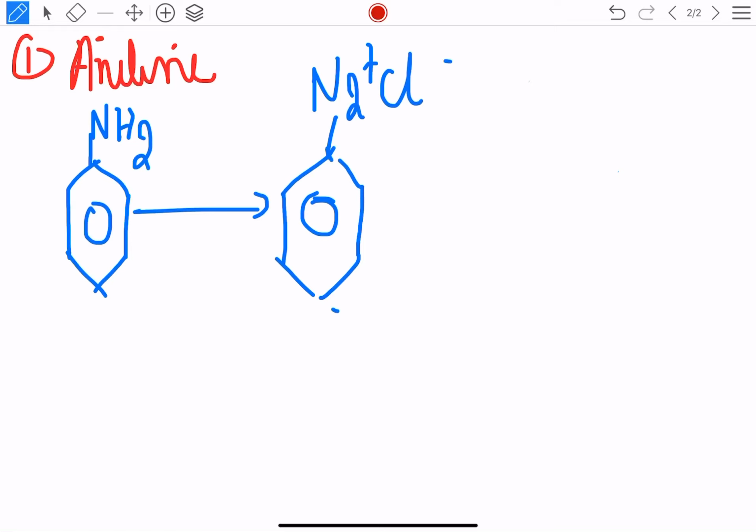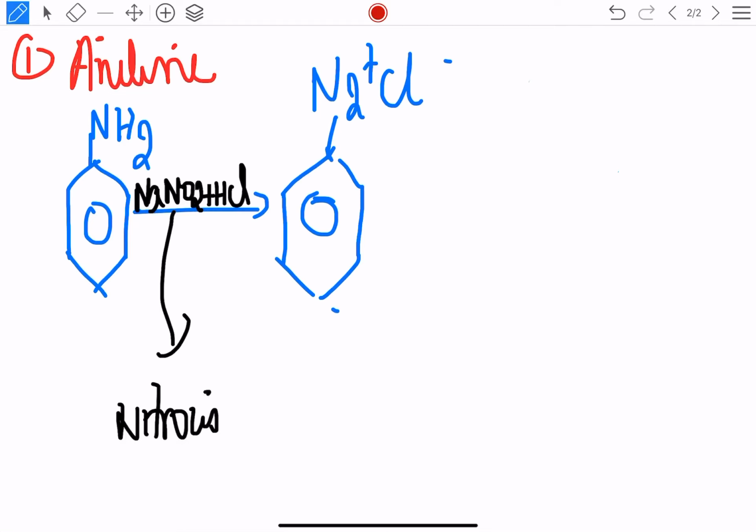For preparation of diazonium salt, the reagent we need is nitrous acid, which is not readily available. So we add sodium nitrite, NaNO2, with hydrochloric acid, and we form nitrous acid.